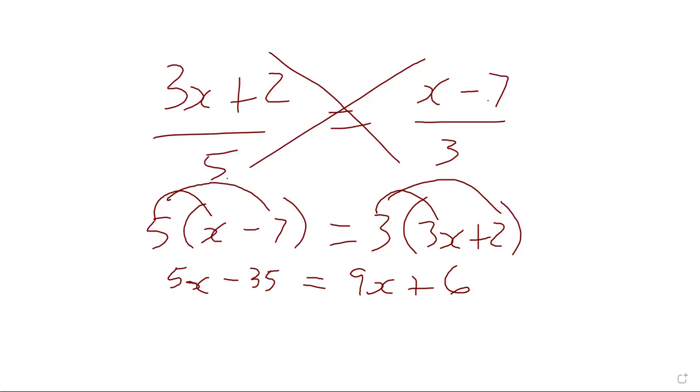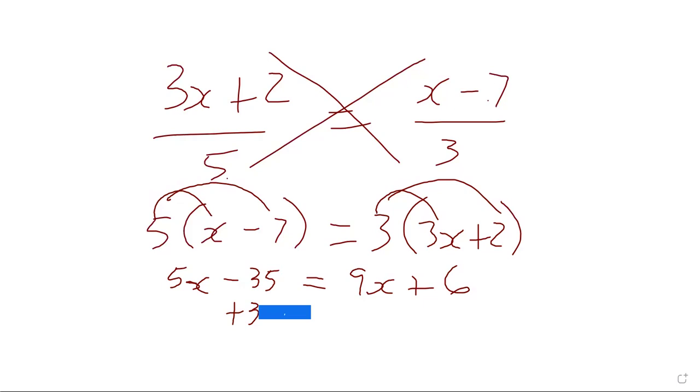Now, at this point, you've got 5x on the left, 9x on the right. But those two are like terms, so they have to come together. You've got negative 35 on the left, positive 6 on the right. They have to go together. So I'm going to move the 35 first. Because the 35 is negative, I'm going to add 35 here.